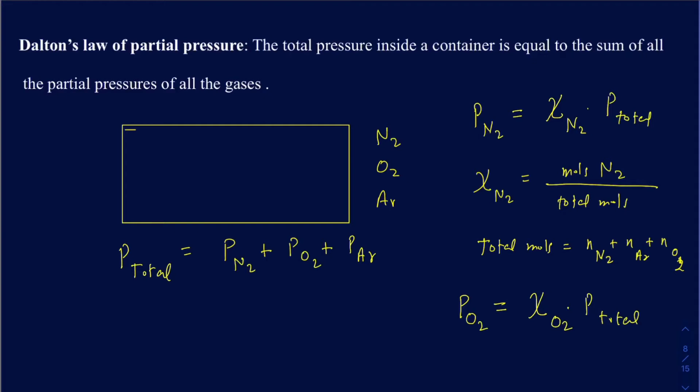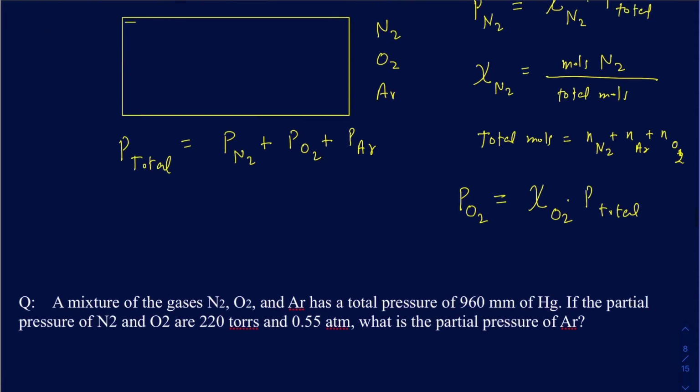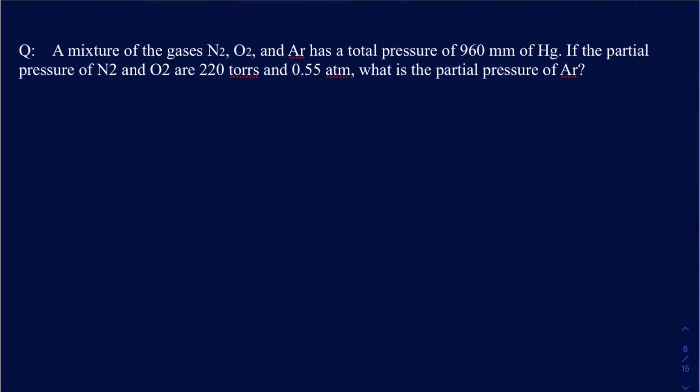Well, let's look at this problem right here. It says a mixture of gases, N2, O2, and argon, has a total pressure. So I'm given the total pressure, and I'll write that down here. Your P total is 960 mm of mercury.